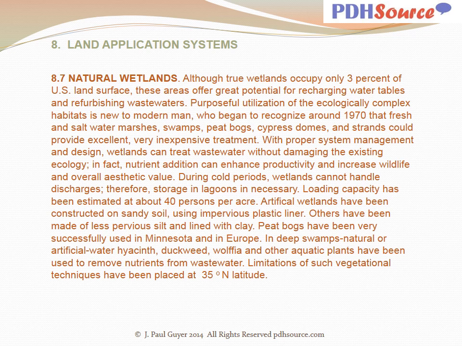With regard to natural wetlands, although true wetlands occupy only 3% of U.S. land surface, these areas offer great potential for recharging water tables and refurbishing wastewaters. Purposeful utilization of the ecologically complex habitats is new to modern man, who began to recognize around 1970 that fresh and saltwater marshes, swamps, peat bogs, cypress domes, and strands could provide excellent and very inexpensive treatment.